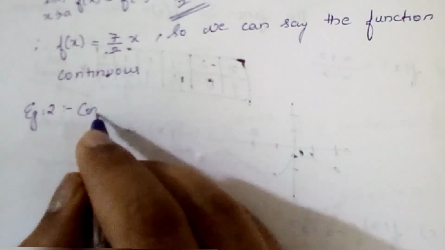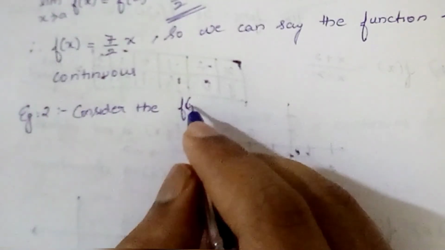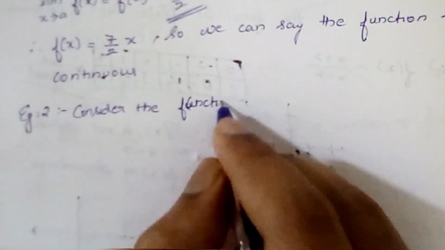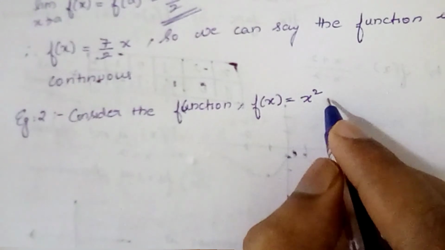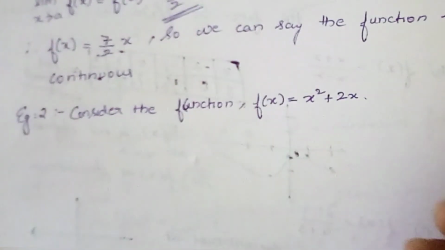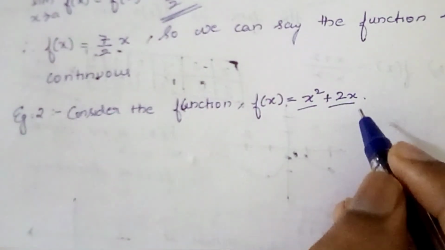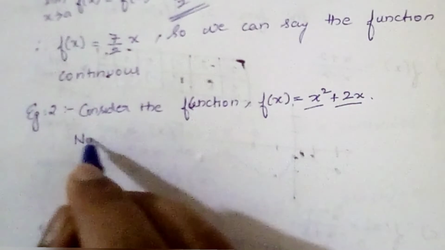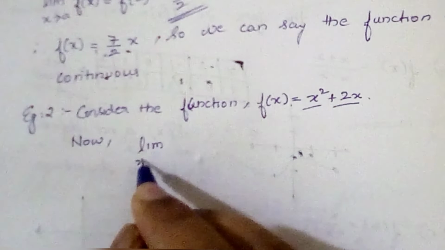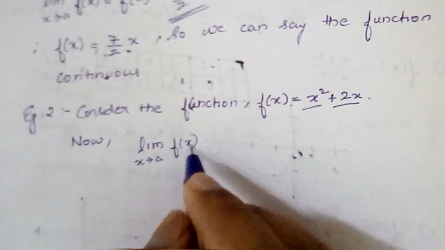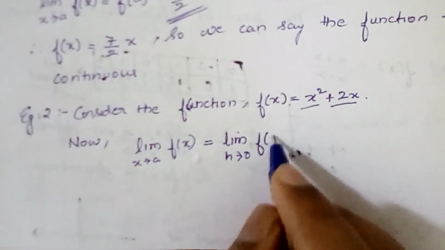Consider the function f of x is equal to x squared plus 2x. We know that x squared and 2x are continuous. Now, limit x tends to a, f of x equals limit h tends to 0, f of a plus h.